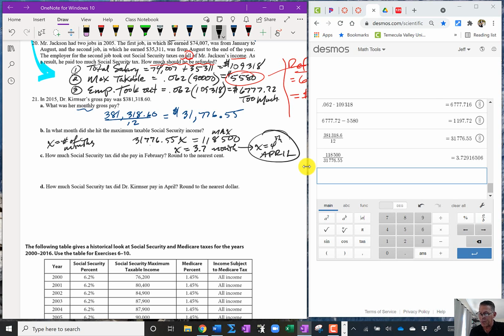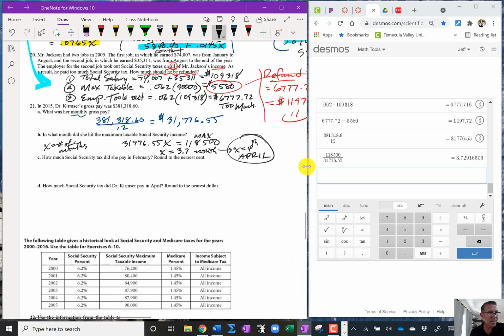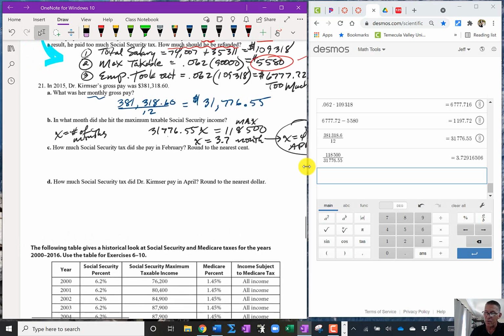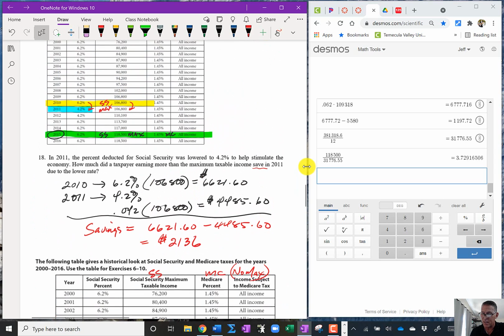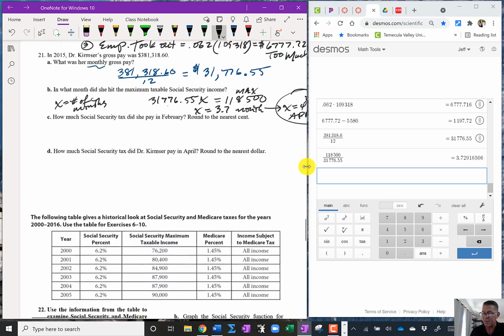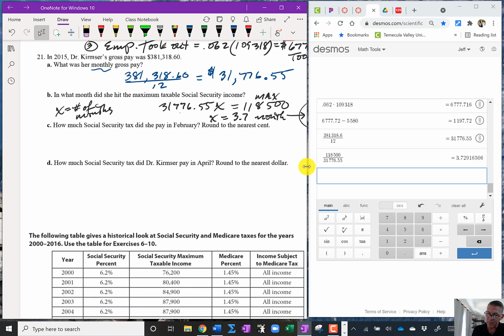So let's calculate that. 0.062 times your monthly income, 6.2% of it, $31,776.55, rounded. She pays $1,970.15 every month until April, in which she hits her max, because she hits her max there.